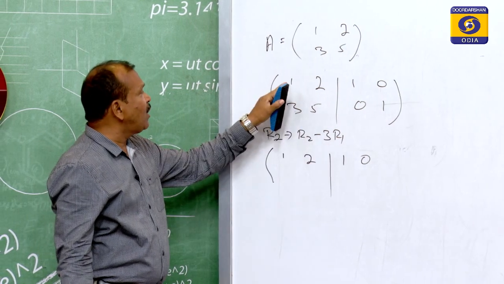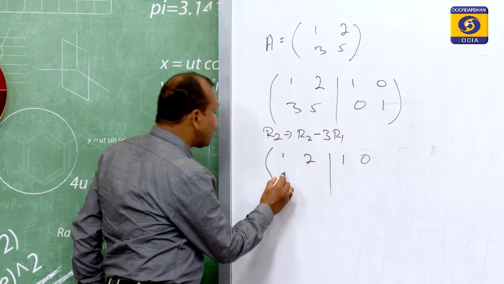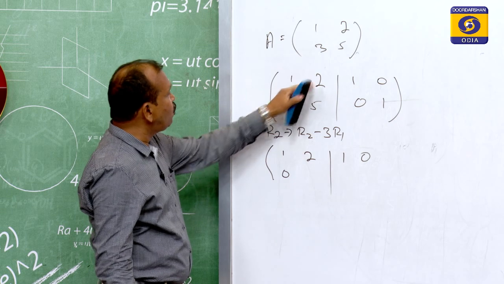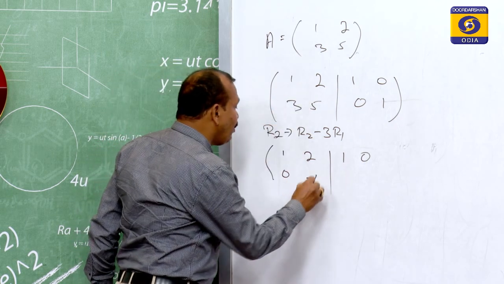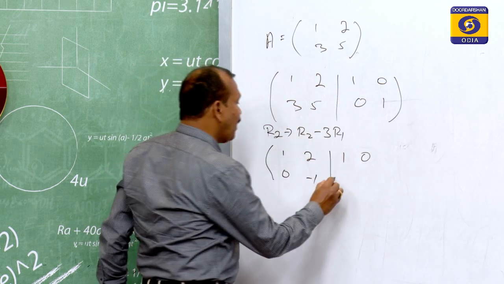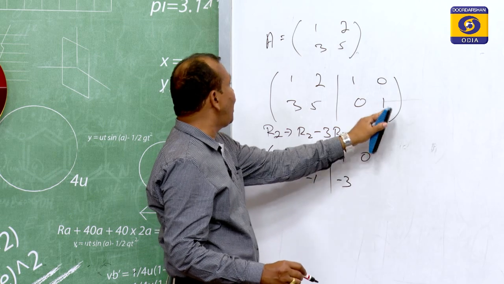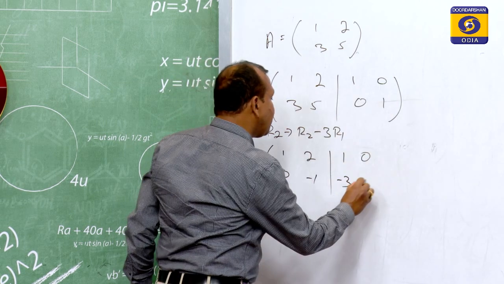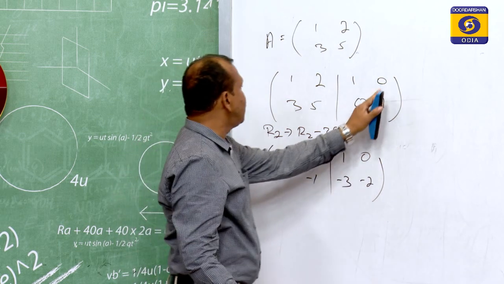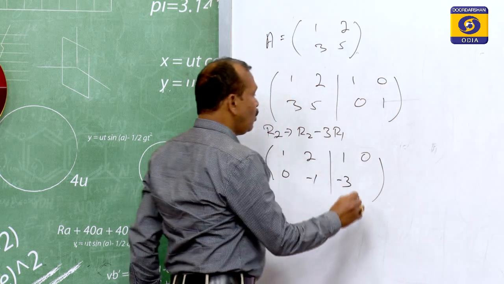Then 3 minus 3 into 1, that becomes 0. 5 minus 3 into 2, that is 5 minus 6, which becomes minus 1. 0 minus 3 is minus 3, 1 minus 3 becomes minus 2, and 1 minus 0 becomes 1. 3 into 0 is 0, then 1.